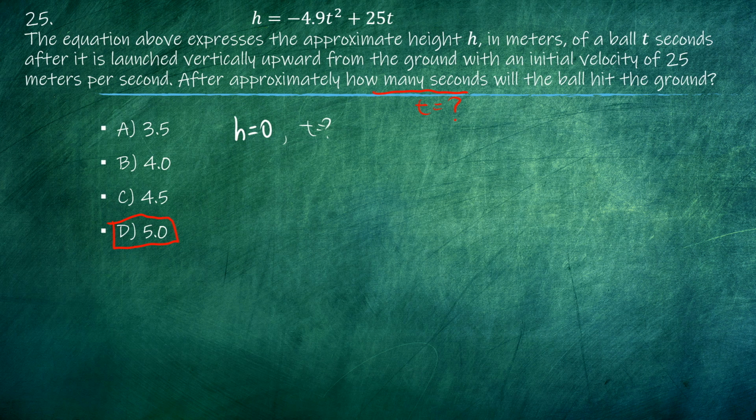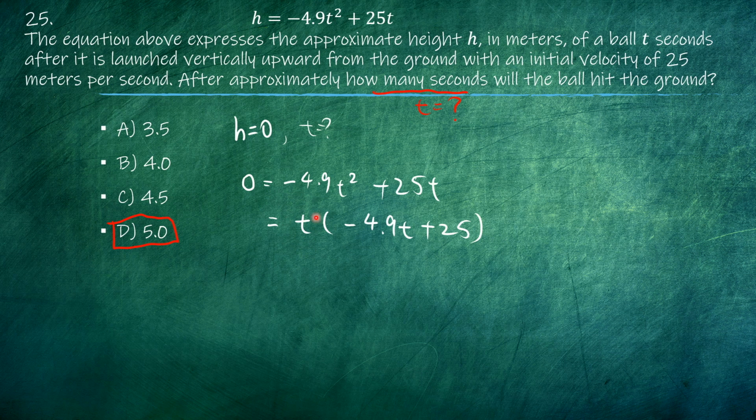So let's solve this. So h is 0, so the equation becomes 0 equal to negative 4.9 times t squared plus 25t. So we can factor out t on the equation. So we have t times negative 4.9t plus 25.